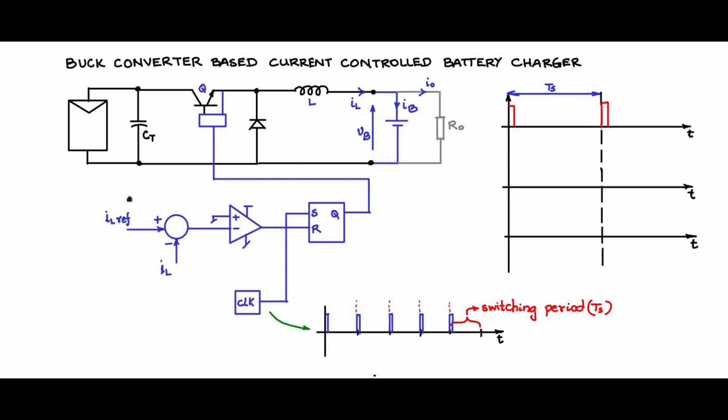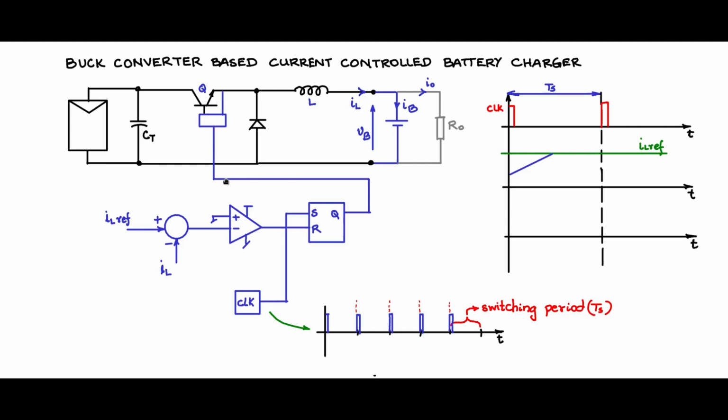Now let me set some reference here. Let me for the moment set a reference which is constant. Okay, clock. Then I will set a reference which is constant, IL reference.